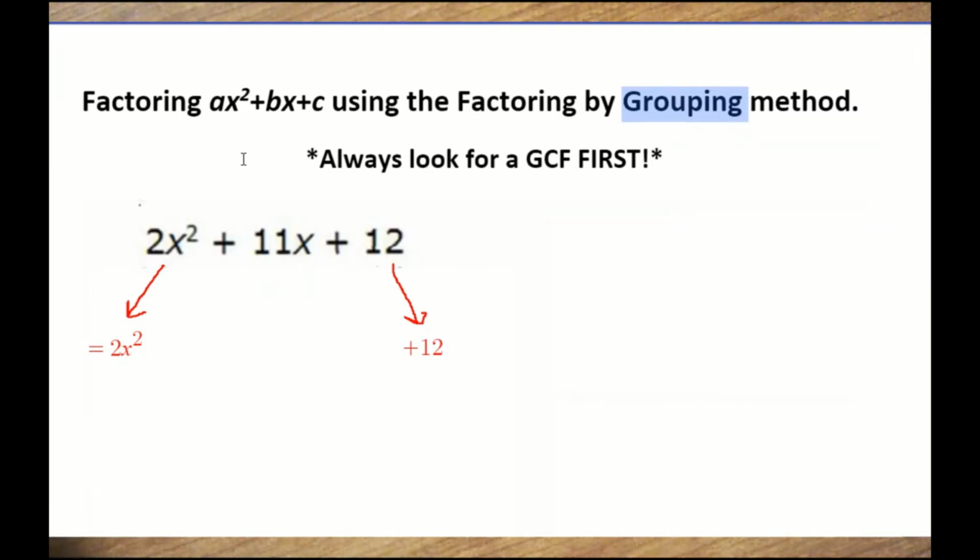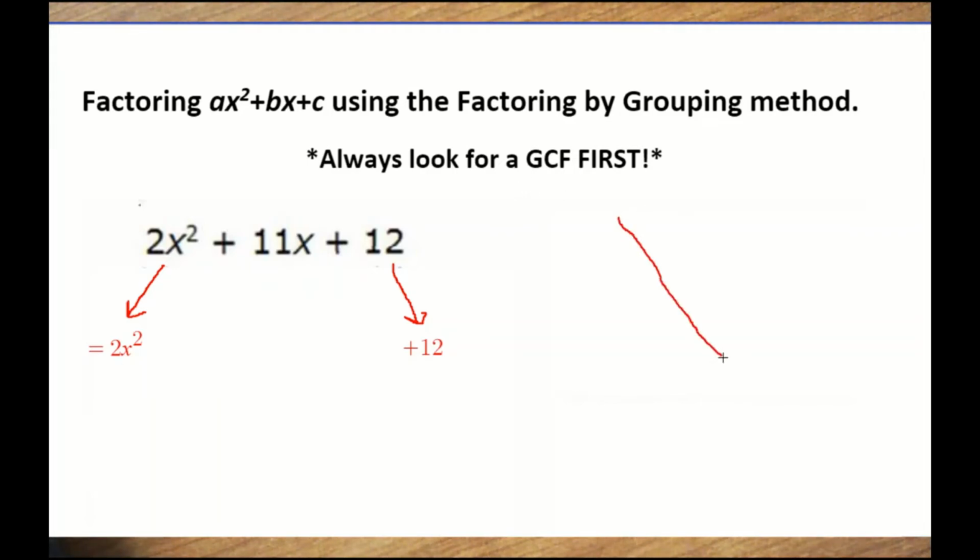So what we want to do is find two terms that add up to 11x, but that work with this grouping method. So it sort of begs the question here, although that's probably not the right usage of that phrase, how do you come up with the correct two terms?